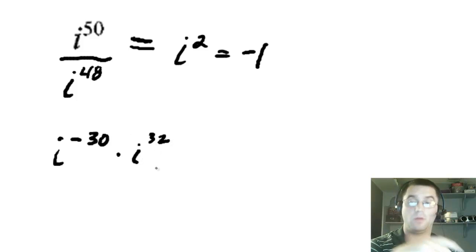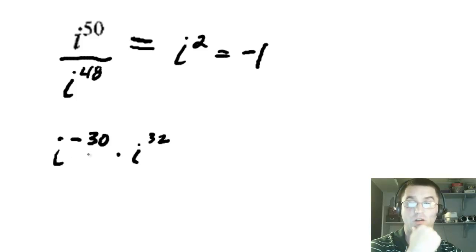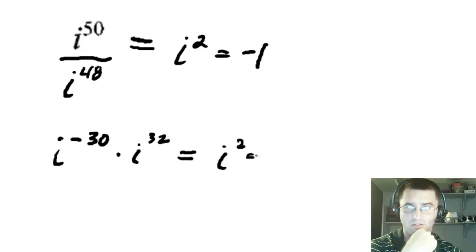Can I multiply by 1? Yes, I can. Will it change the value? No. I'll get the same value as I started with, but in a form that is more digestible, something I can understand. And when the bases are the same, we can add the powers. So this is I squared, which is negative 1.